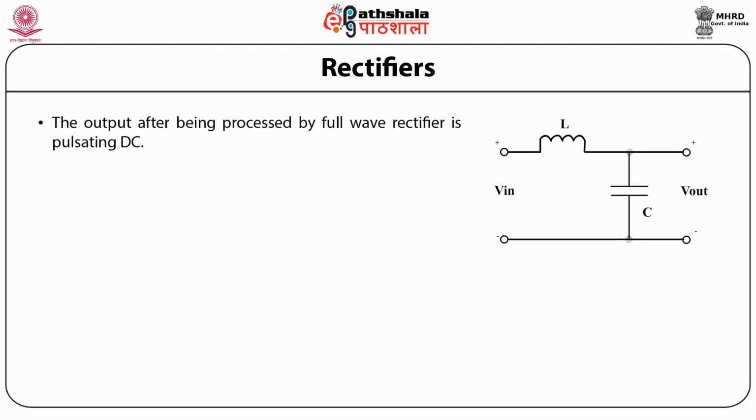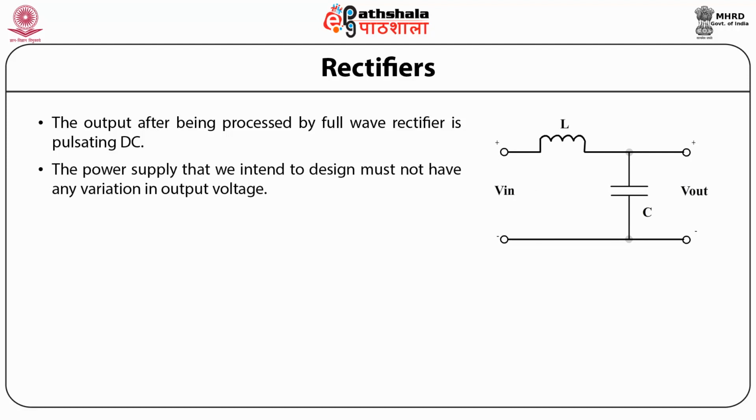The output after being processed by a full wave rectifier is a pulsating DC. The output contains large fluctuations in voltage. So the power supply that we intend to design must not have any variation in output voltage.